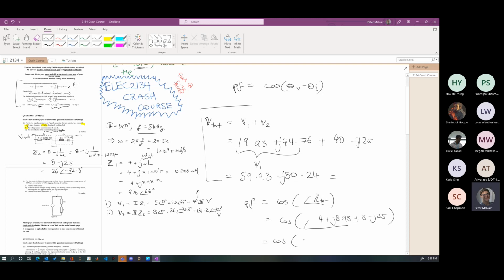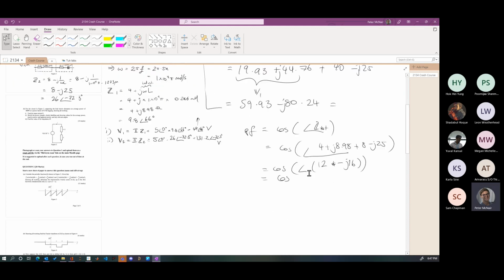It's going to be cos of the angle of 12 minus j16, which is the angle of that 12 minus 16j, is minus 53 degrees.